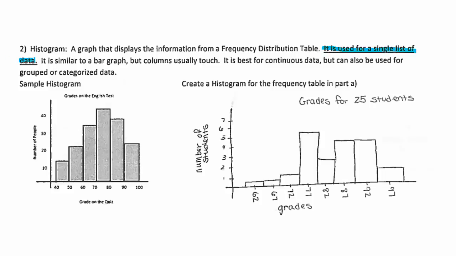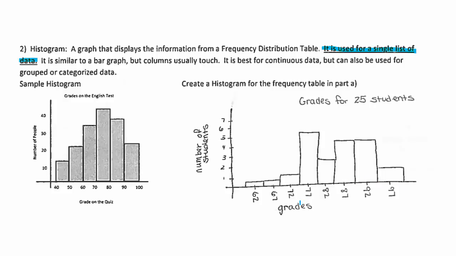Now, when you're working with technology, the technology will sort the data into the classes. Typically, the histogram is labeled with the midpoints. So you see on my histogram, these are the midpoints of our frequency distribution table, and that is why those midpoints are found. It is a little bit less cluttered than putting all of the class intervals onto the graph.